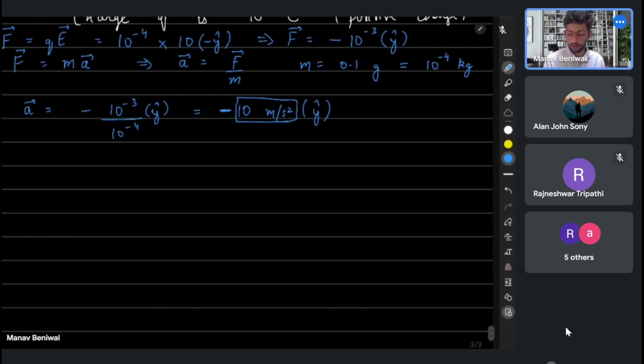Now we have calculated acceleration. If you happen to remember the formula for maximum height, well and good. It is given by u square sine square theta by 2a. You know u, you know theta, you know a. You can just plug in all the values, you will get 5 meters.